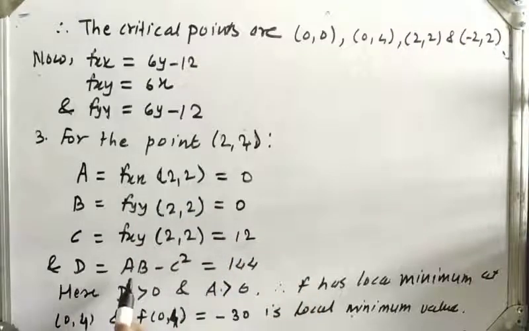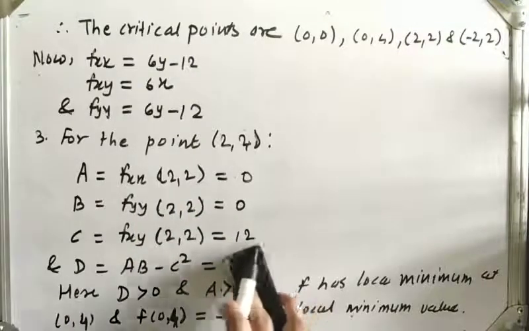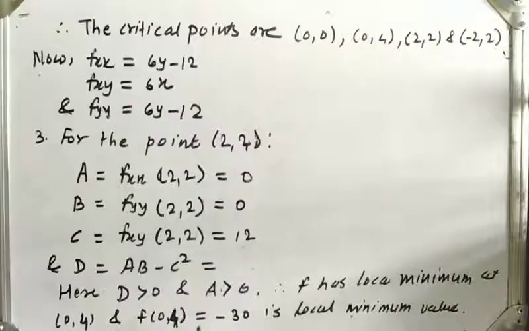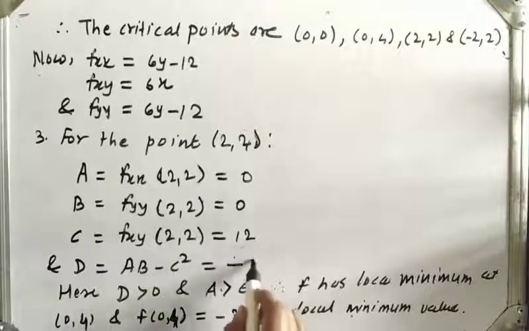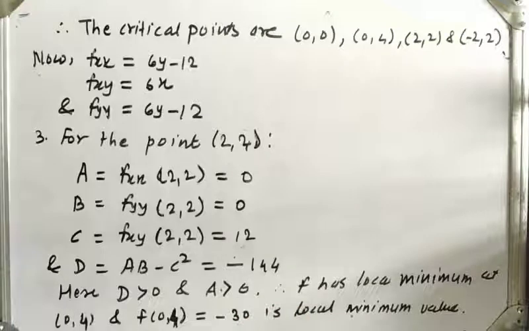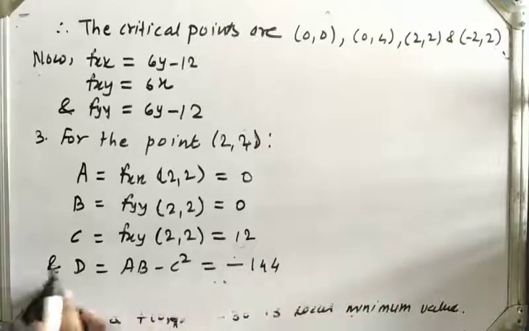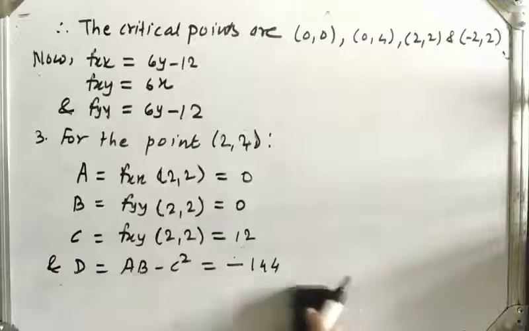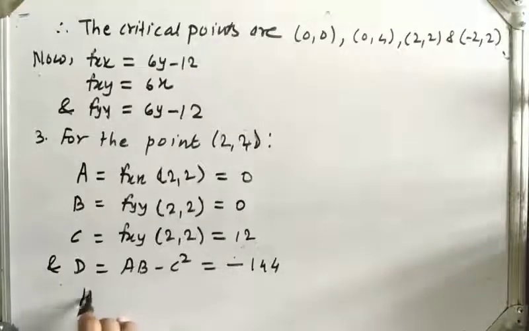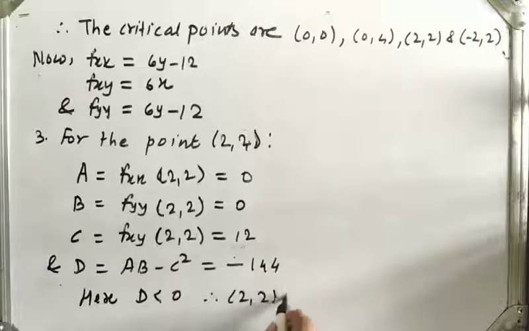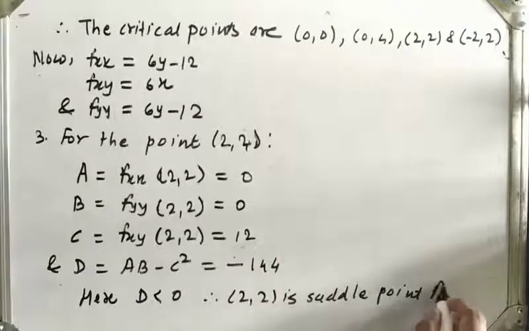Now d is equal to ab minus c square, that is 0 minus 12 square, so minus 144. Now here we get d is less than 0, therefore 2 2 is a saddle point for f.